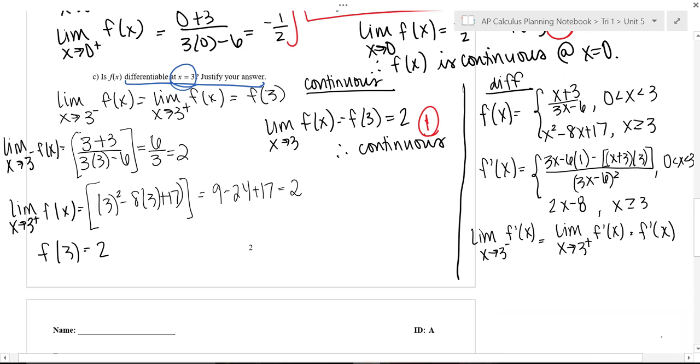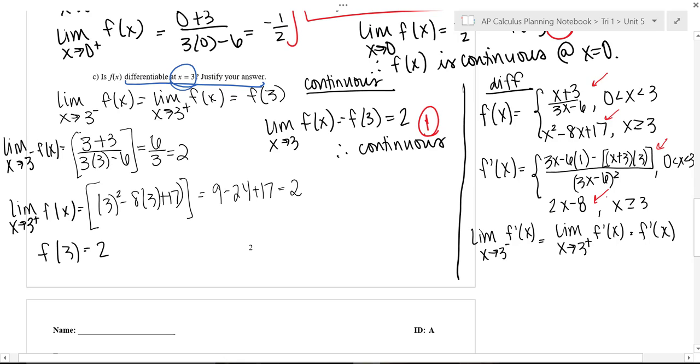Okay, so I just threw a lot of work up here, and the bottom line is that we need some sort of proof that you know which two pieces you're using and you know which two pieces to differentiate. So some sort of formal definition, we need to know that we're using these two pieces of f of x, and then we need to know that when we differentiate, these become these two pieces right here.